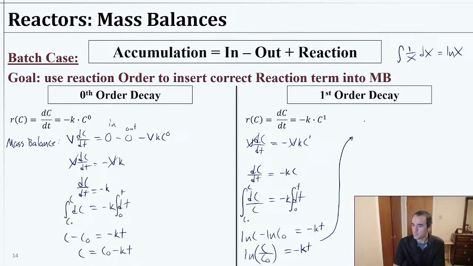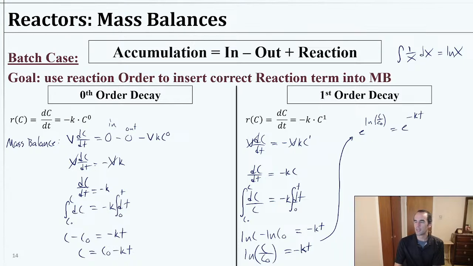So the other algebra thing we can do here is, if we want to get rid of the logarithm, we can raise e to the power of both sides. So e to the ln of C over C naught equals e to the negative kt.